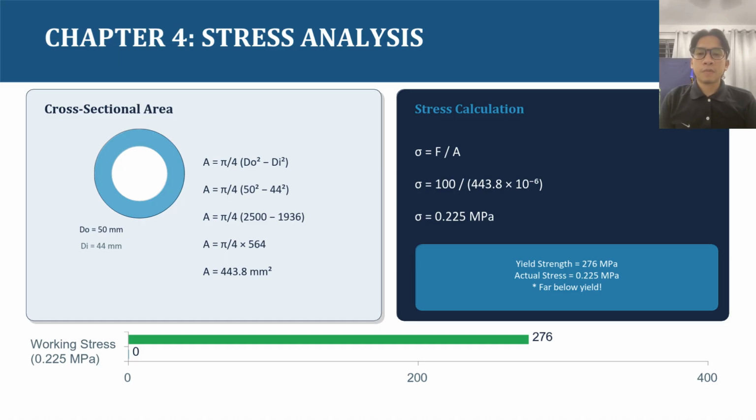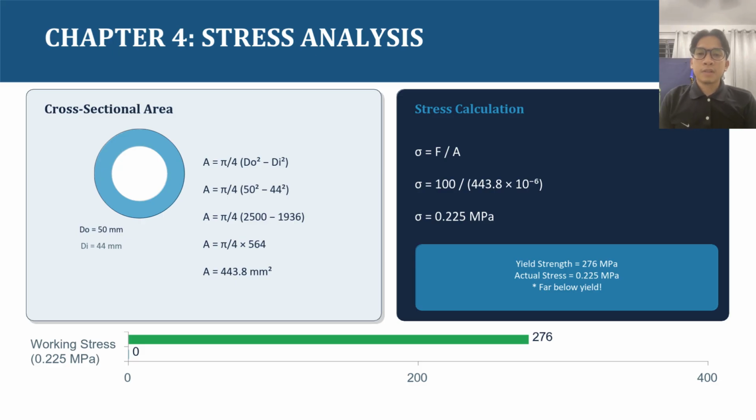Moving into chapter 4, let's look at the stress analysis of our truss lectern. To understand how the material responds to the load, we first calculate the cross-sectional area of the vertical aluminium tubes. Given an outer diameter of 50 mm and an inner diameter of 40 mm, the area equation gives us a total cross-sectional area of 443.8 mm squared.